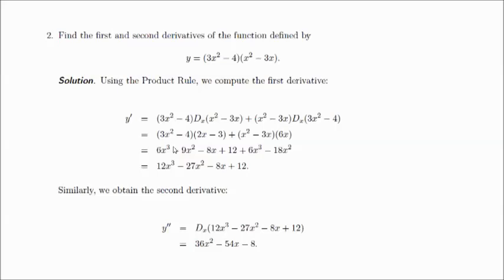FOIL method, class. FOIL method, di ba? 3x squared, 6x cubed, ito, negative 9x squared, minus 8x plus 12. Okay? Walang fraction dito.